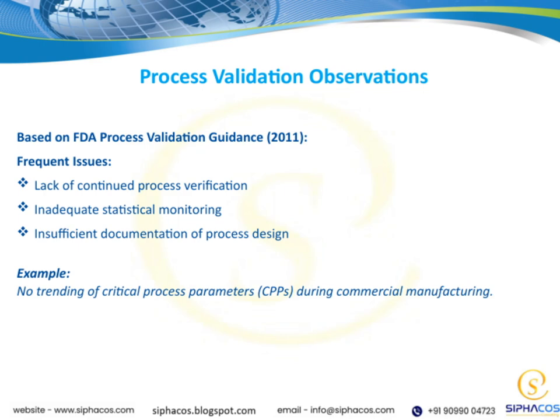Trending helps us identify shifts or deviations early so we can intervene before quality is compromised. Overall, these issues highlight the importance of continuous, rigorous monitoring and thorough documentation. They're essential to maintaining control and ensuring consistent product quality throughout the product lifecycle.